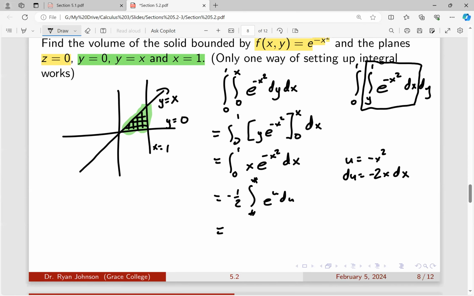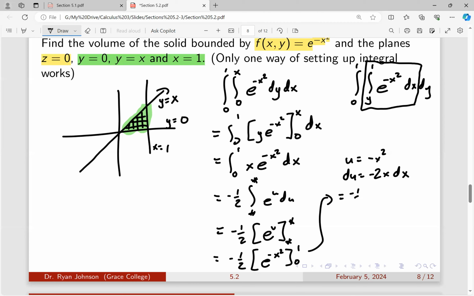So then that's equal to negative 1/2 stuff to stuff of e to the u. And so that's equal to negative 1/2 integral, e to the u is e to the negative x squared, from 0 to 1.